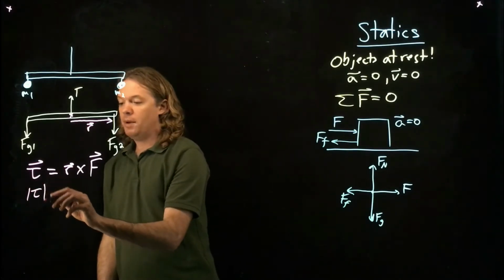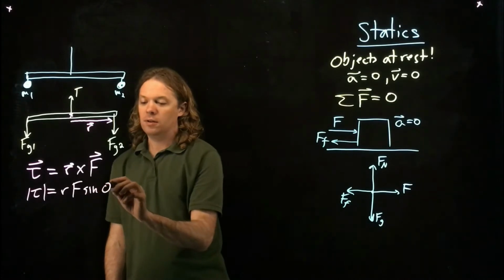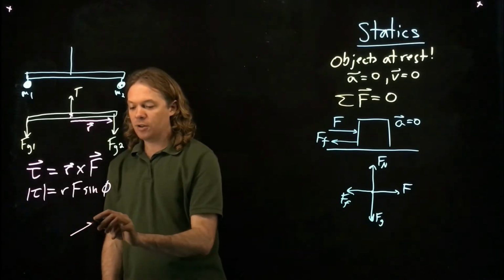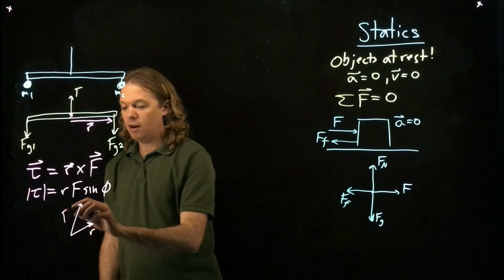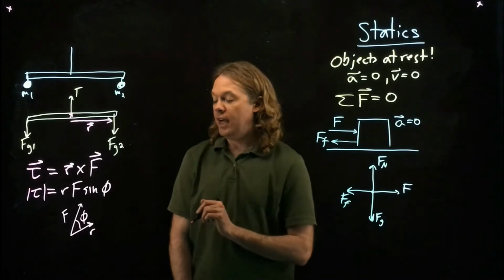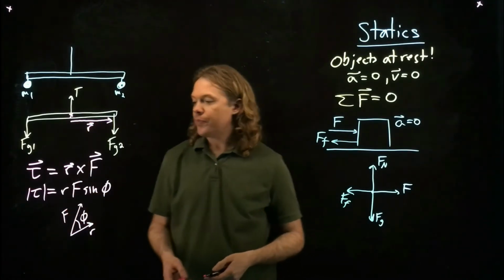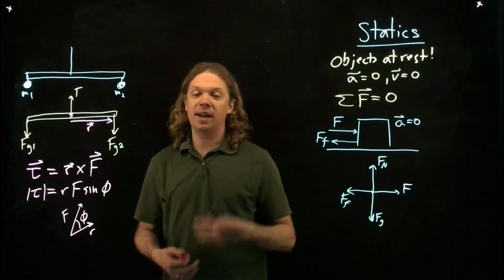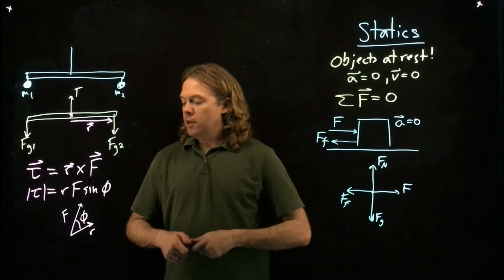We often write them as magnitudes, rF sine phi, where we have to make sure that in order to get that angle correct, r and F are arranged in this particular way, and that angle is exactly that angle. Remember, if they're not arranged this way, we have to move them around until they are. So we get the magnitude of the torque that way, and then we can get the direction of the torque by just doing the right-hand rule.